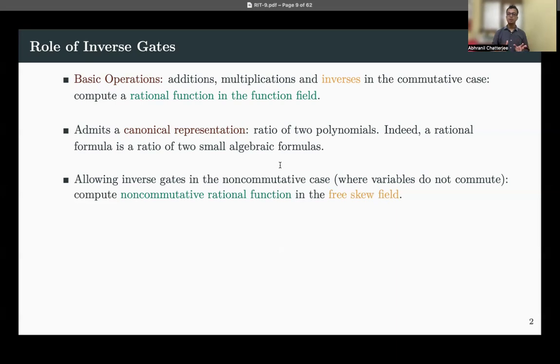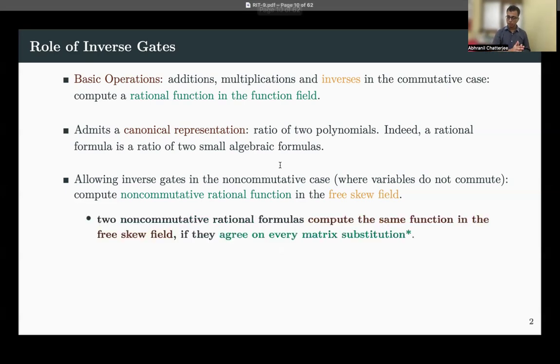One can think of the free skew field as the smallest field containing the free algebra, the non-commutative polynomial ring. For this talk, it suffices to consider the free skew field containing the non-commutative rational functions, where we say two non-commutative rational formulas compute the same rational function if they agree on every matrix substitution.